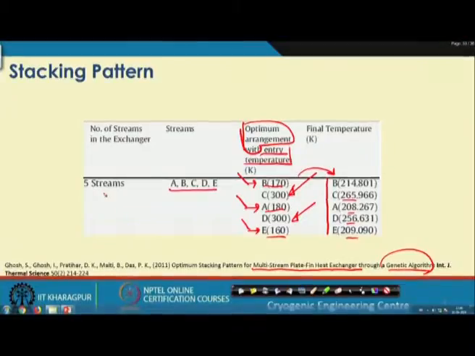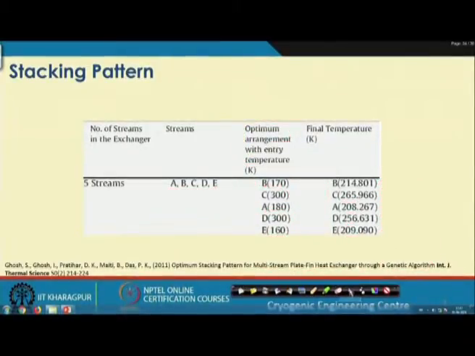Now, we also know the mass flow rate of these fluid streams and the Cp of these fluid streams. So, the corresponding mass flow rate and Cp being known to us, we can calculate their heat duties, or the amount of heat that is getting transferred.